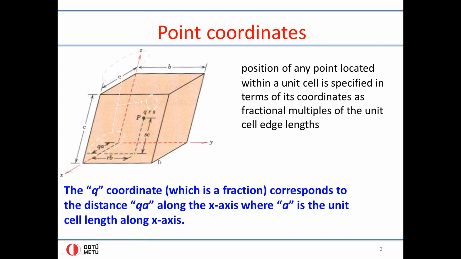This point would have the indices 1, 1, 0. This point would have the indices 0, 1, 1. And this point would have the indices 0, 0, 0, because it's the origin. This point would have the indices 1, 0, 0, because both along the y and the z axes, there has been no movement from the origin. So you get the point.